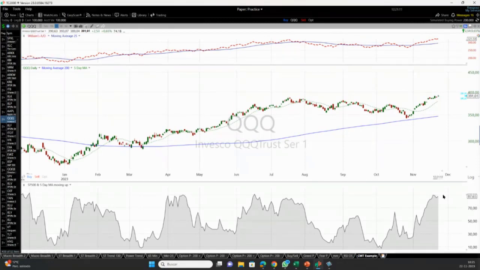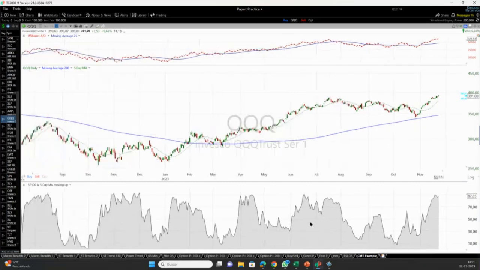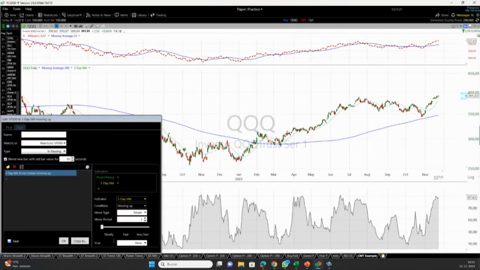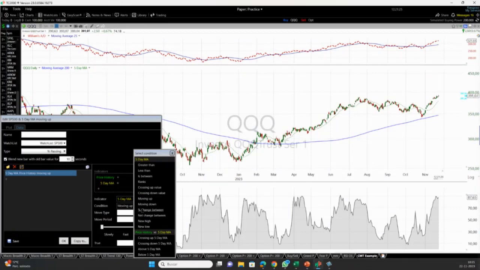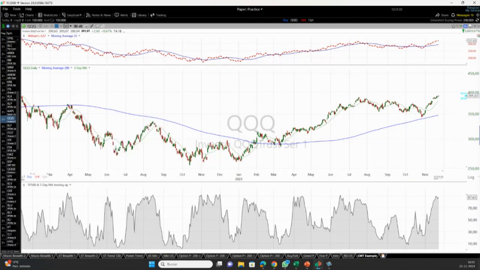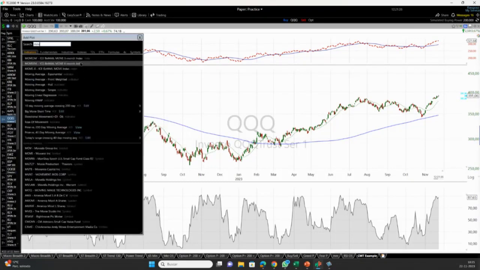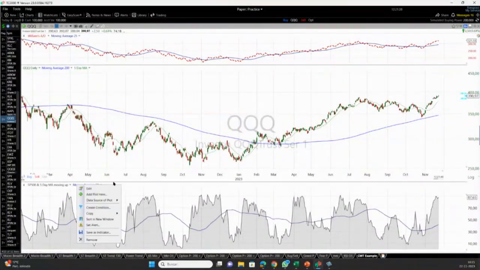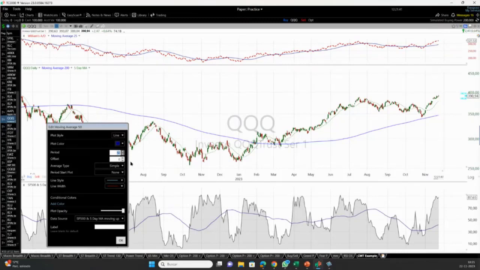And this is where you start doing your observations and tinkering. You can start ranking, or you can do extra filters, or for example, you could add a moving average to this study, like a 10-day moving average.